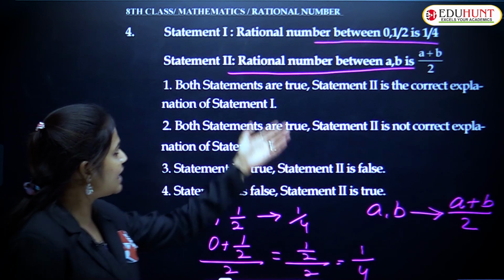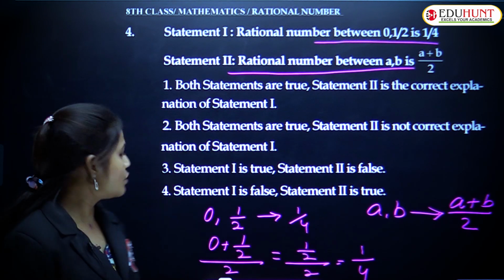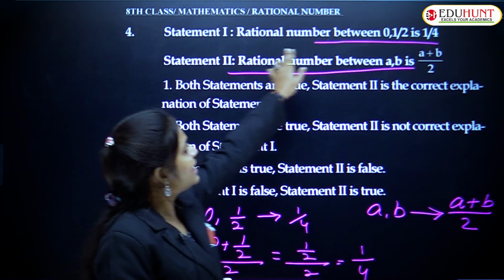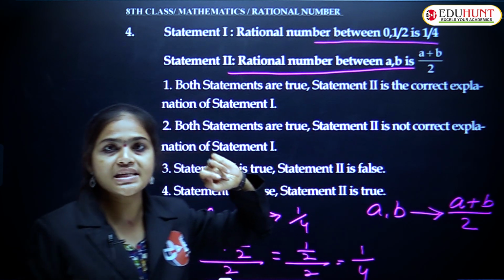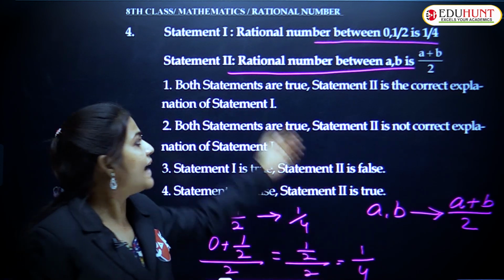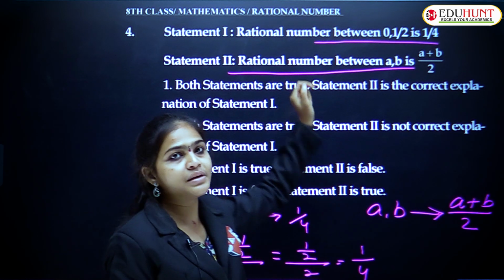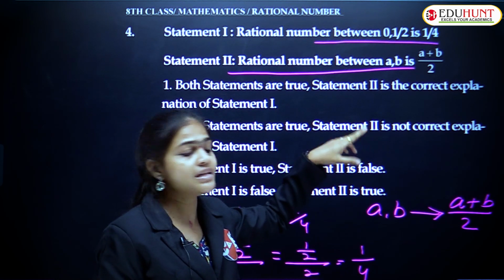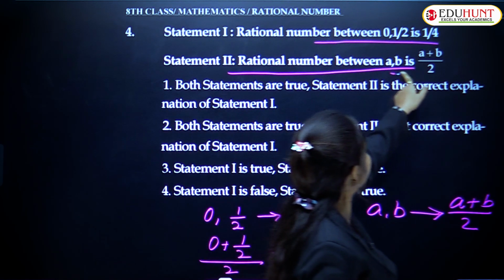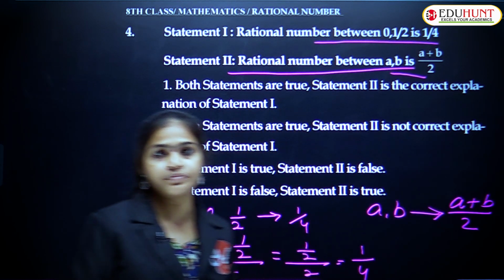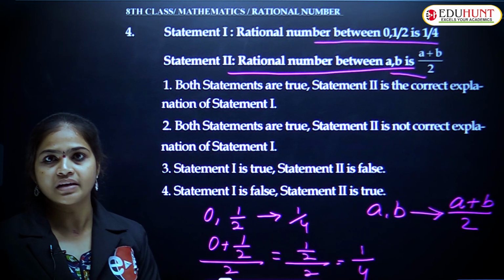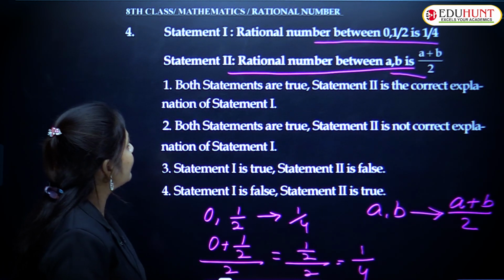Okay. So that's what they are saying in statement A, no? What is that statement A? A rational number between 0 and 1 by 2 is 1 by 4. Yes, that is true. And the second statement is, if A and B are any two rational numbers, then the rational number that lies in between A and B is A plus B by 2. Understand? So children, see here.